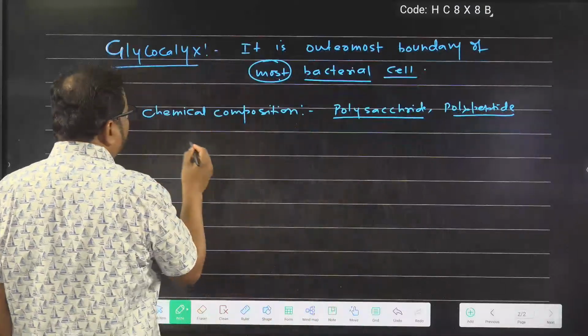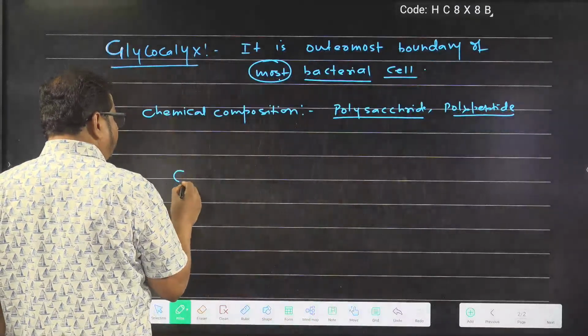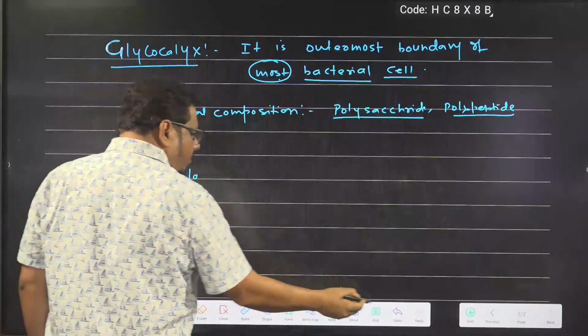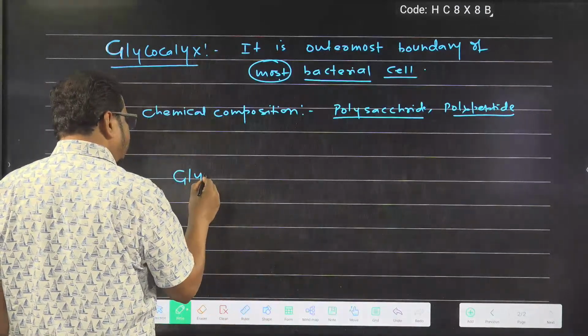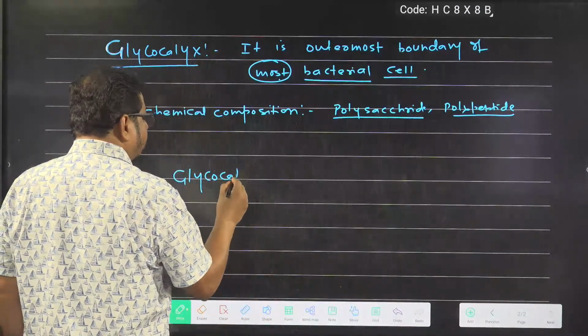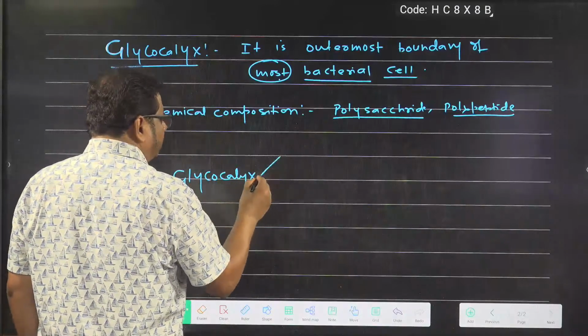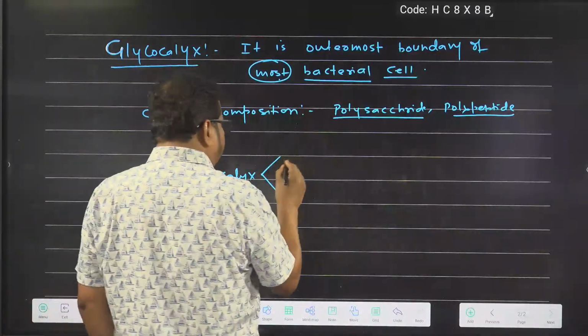Now we are going to talk about glycocalyx, that is the outermost layer. It may be of two types.